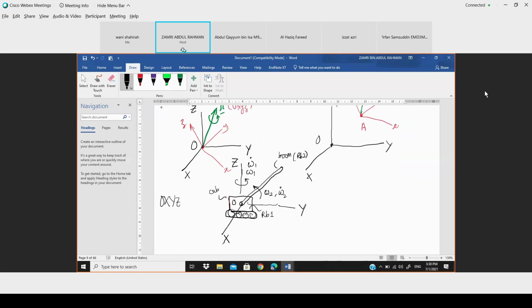Okay, the moving reference frame is, I use red color. We can choose it to coincide with the global in this way, where our small x, small y, small z would be like this. So we have O, small x, y, z as the moving coordinates.